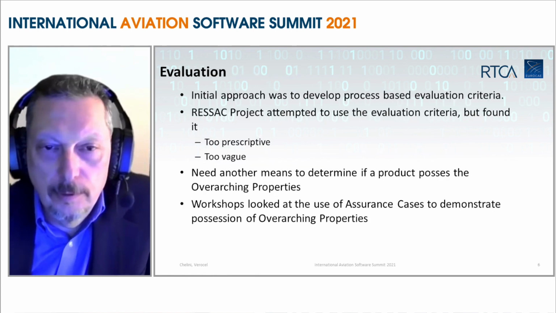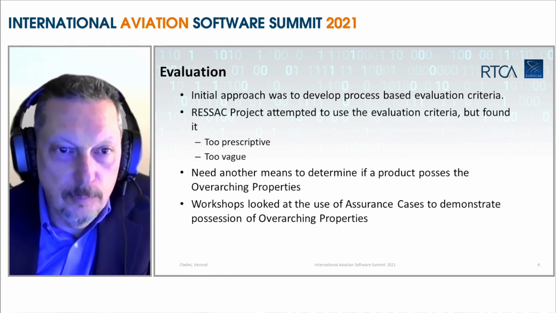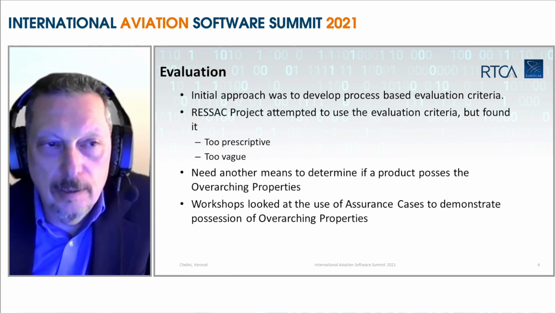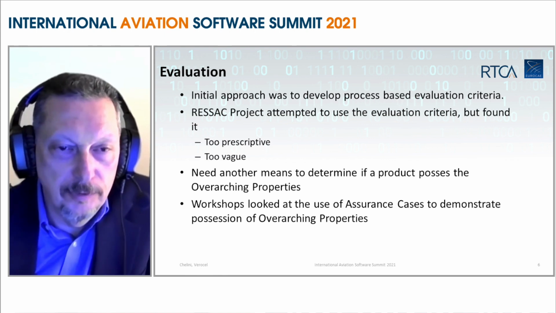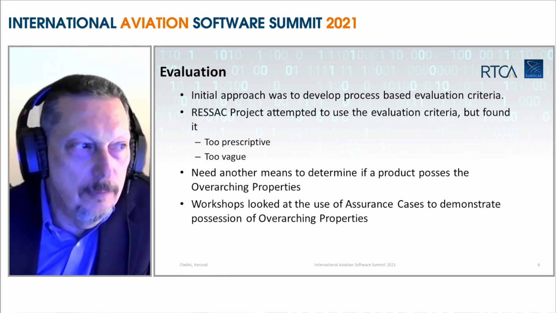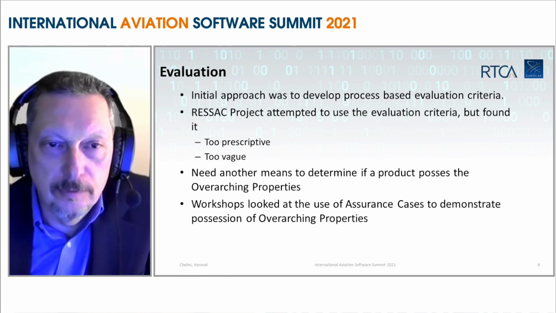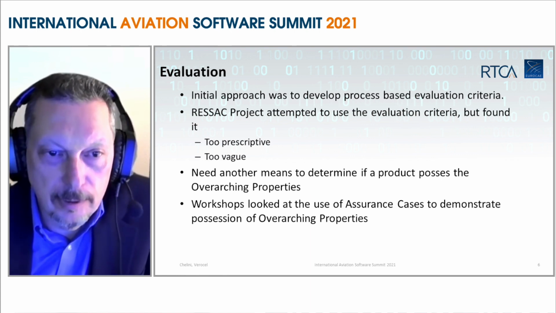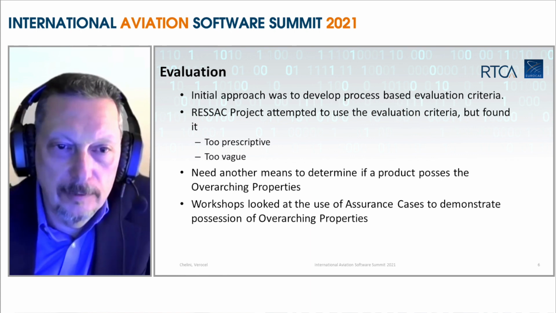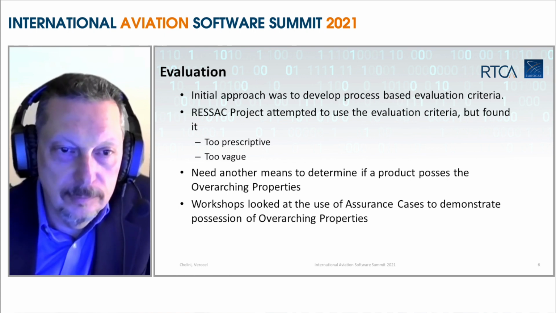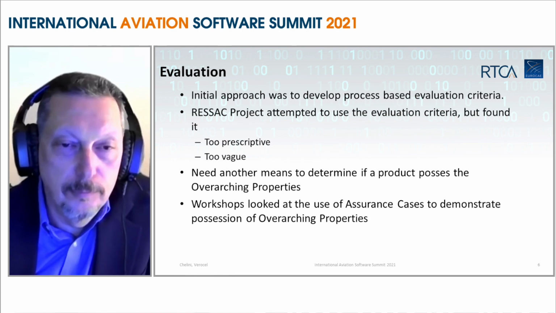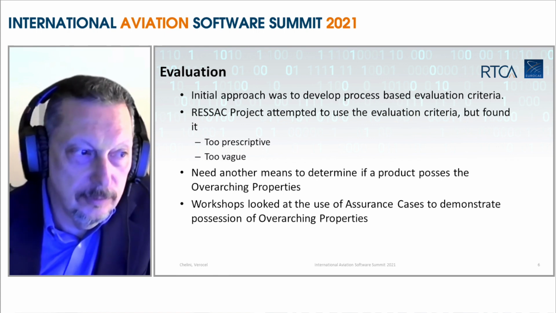Our initial approach, based on our experience with 178, was to follow a process-based evaluation criteria. And RESSAC actually experimented with applying this evaluation criteria to their products. They found in some areas the criteria was too prescriptive, and in other areas too vague and subject to misinterpretation.